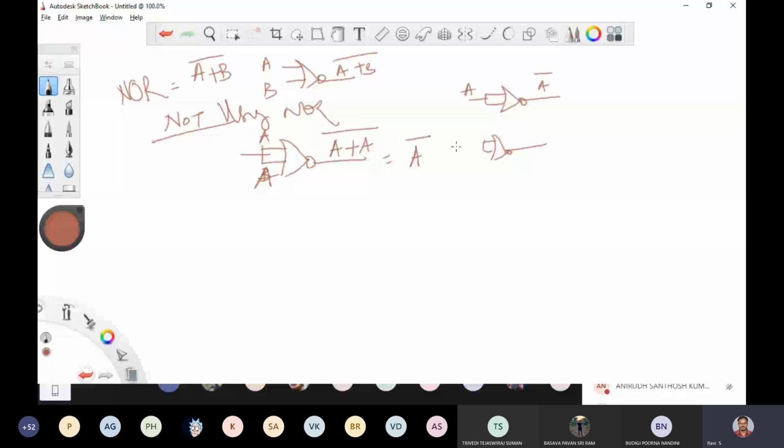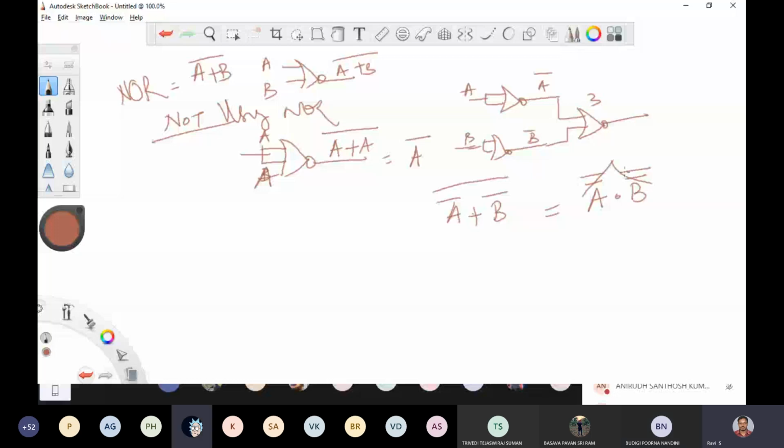A bar is the first input for gate number 3. B bar is the other input for gate number 3. Plus is the operator, whole bar, right? So you can write this as A double bar dot B double bar. The double bars cancel. So you'll get the expression A dot B. This is AND. Yes, you are right. This is AND logic using NOR.